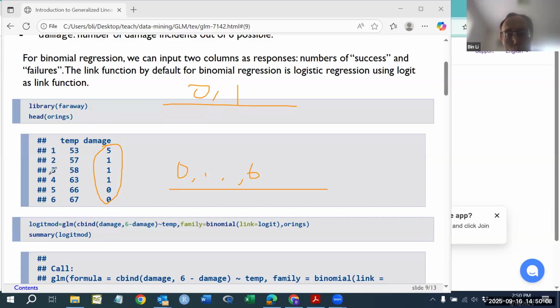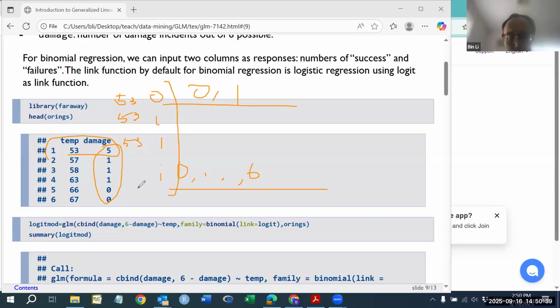And there's another way to show this data, with exactly the same results, if the data set looks like the first one. Temperature is 53, we observed 5 damages, right? So what it should look like is one row with 53, 0, and then 53, 1, and 53, 1 again, up to 5 ones.